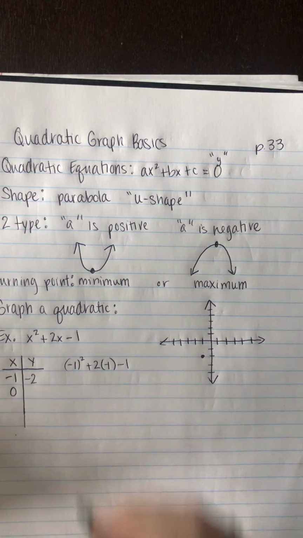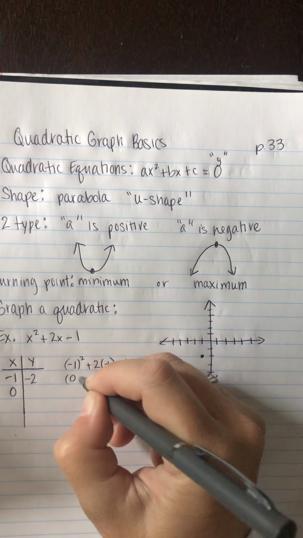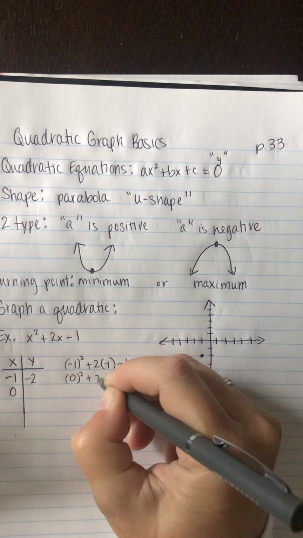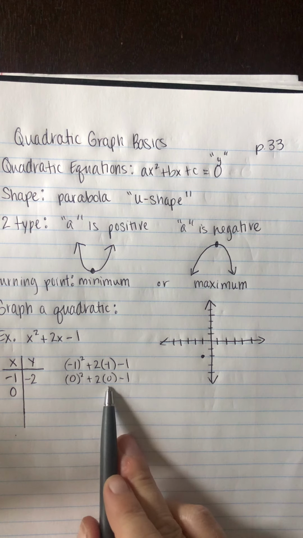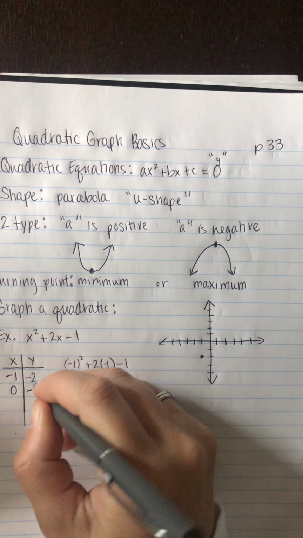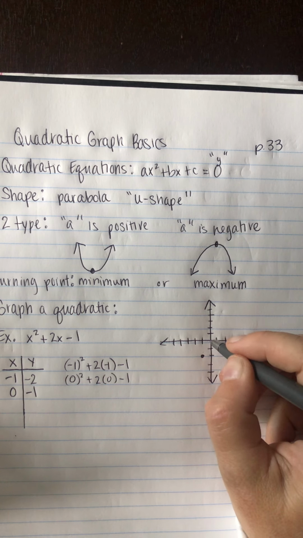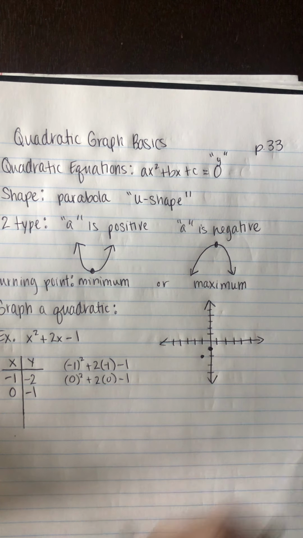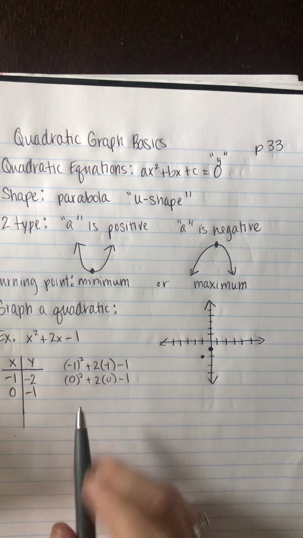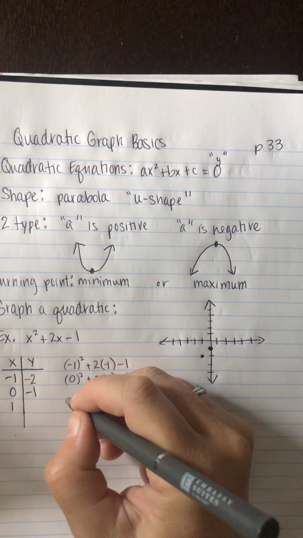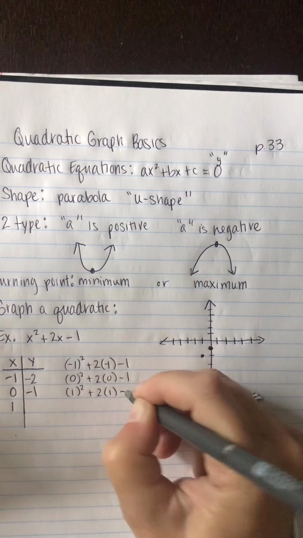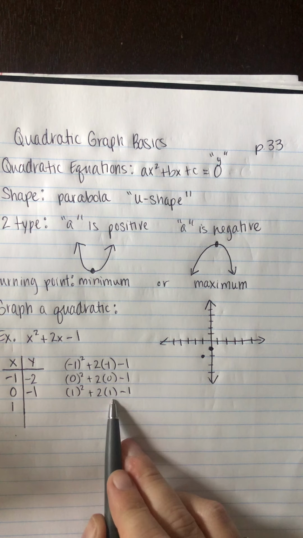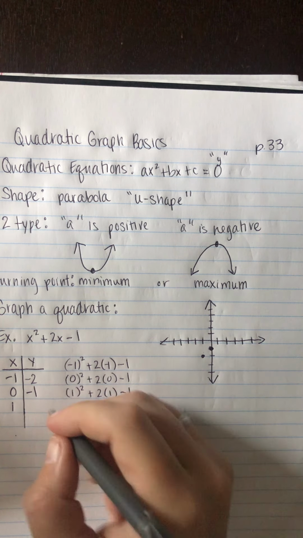If I plug in 0, we end up with 0 squared plus 2 times 0 minus 1. So 0 plus 0 minus 1. So this point becomes 0, -1. Then we can plug in +1. We get 1 plus 2 is 3, minus 1 is 2.